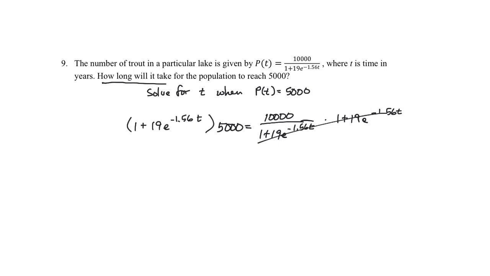And now I've got this is equal to 10,000. So I can also divide by the 5,000 here. Rather than distributing it, I can just divide by 5,000. That's going to give me on the right side 2.